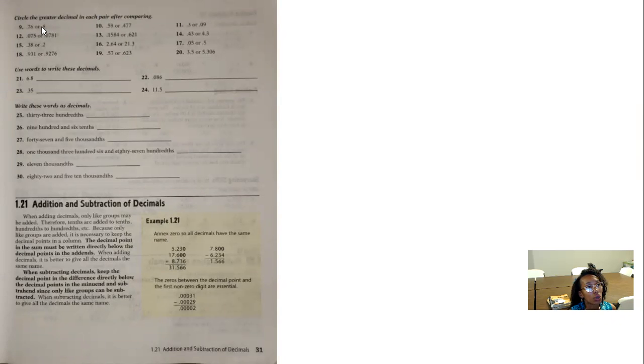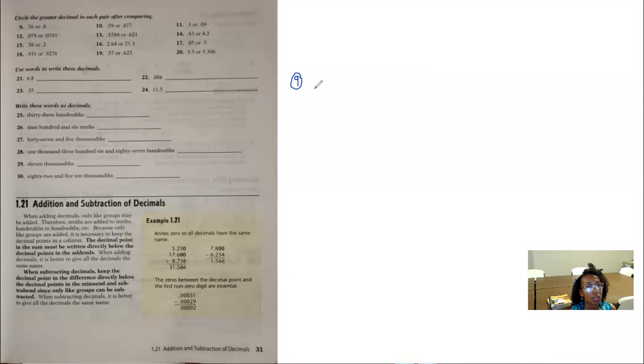All right, so we've got 0.76 compared to 0.8. We could also read that as 76 hundredths compared to 8 tenths. To level the playing field, we've got 0.76, then we've got 0.8.